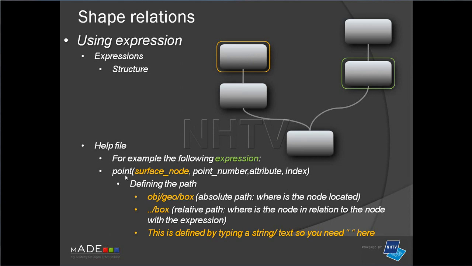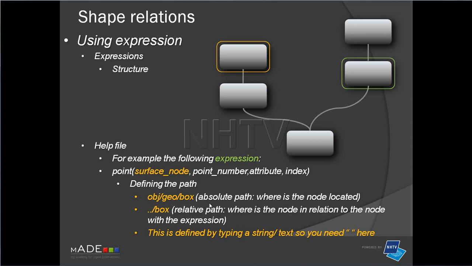So we take the expression point, and what we get from the help file, and that's really important so that you can understand what's going on over here, is we see in the help file: surface node, comma, point number, comma, attribute, comma, index. Okay, so we're going to start by trying to understand what all this means.